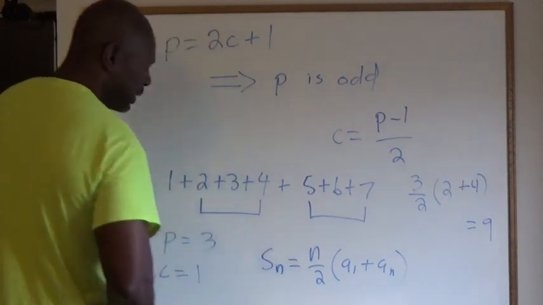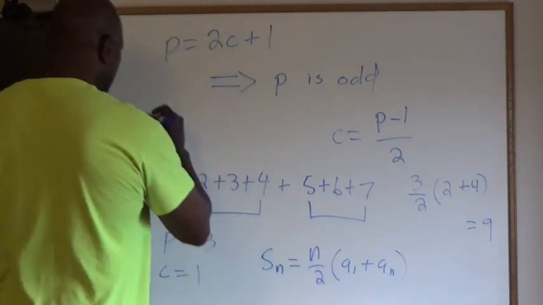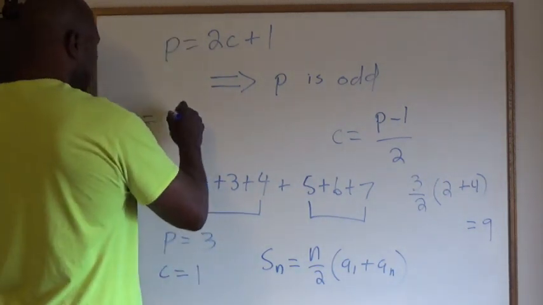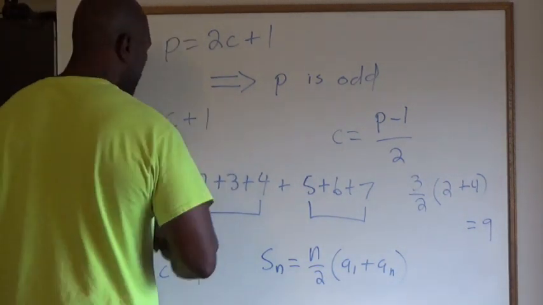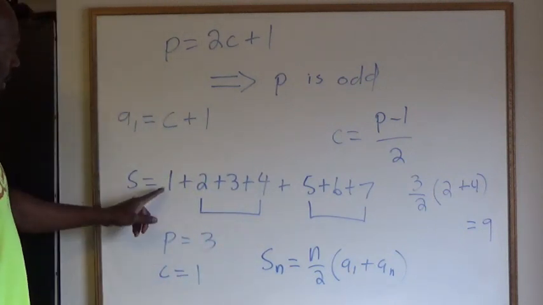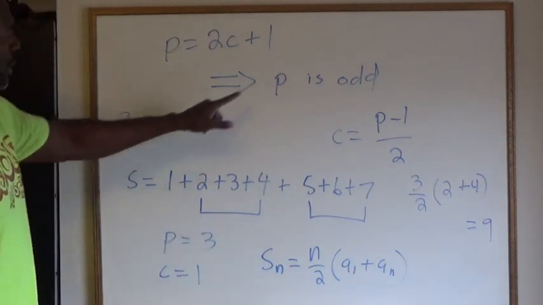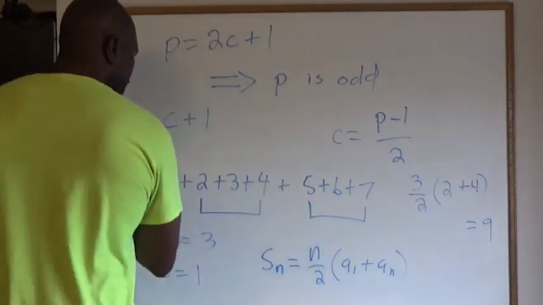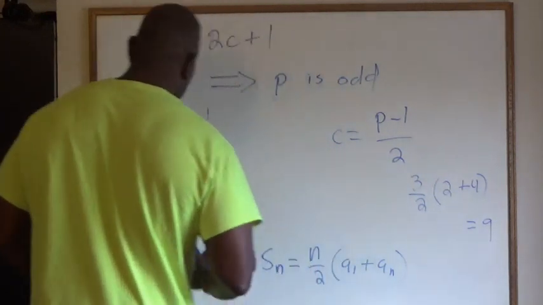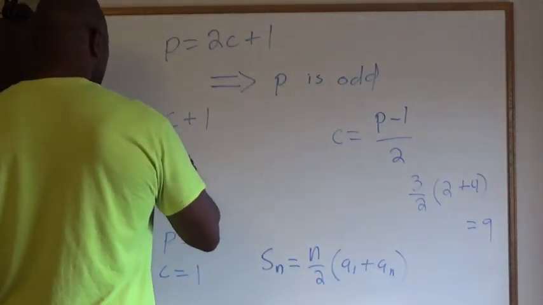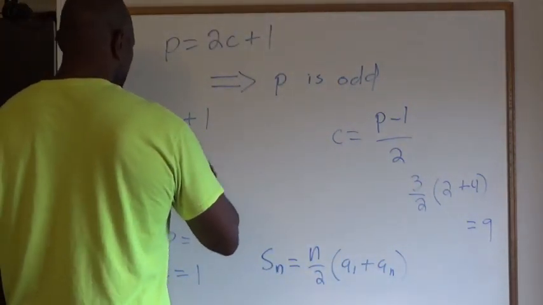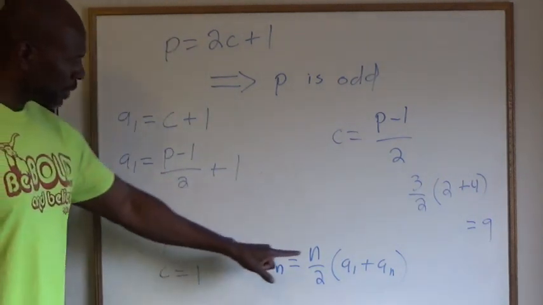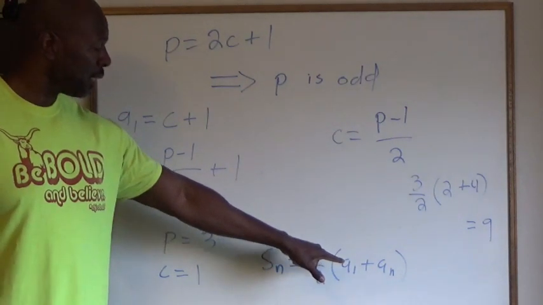We know n is going to be p. a1 is going to be c plus 1. Well, what's c? c is (p minus 1) over 2. So a1 will be (p minus 1) over 2 plus 1. So that's the a1 we're going to use for this particular formula.